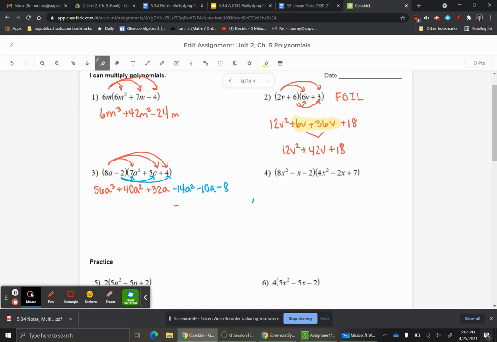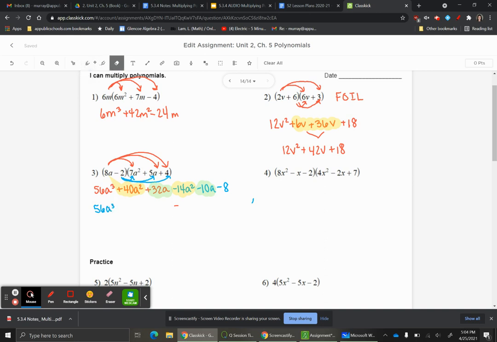Nothing to go with a to the third. We do have a squared here and a squared here. Then we have another set of like terms with a and a. So we can drag down this 56a to the third just as normal.